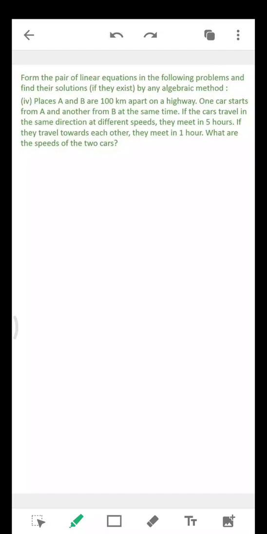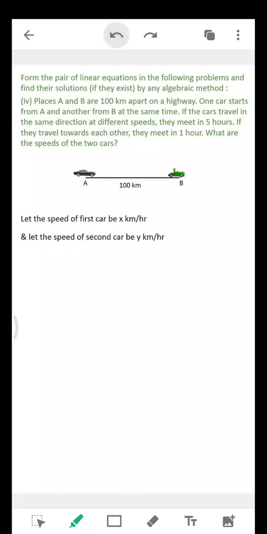So to begin with, I'll let the speed of the first car be x and the second car be y. That is, the speed of the police car is x, and the speed of the thief's car is y. I'll draw a picture for that. In the first case, the cars are traveling in the same direction. Just remember it.